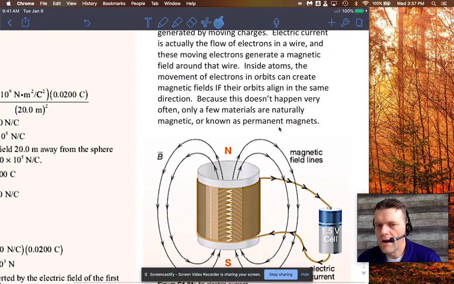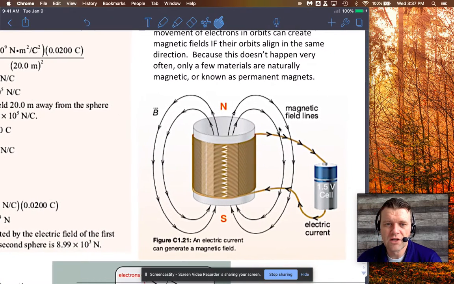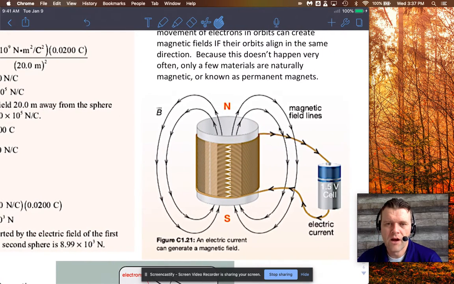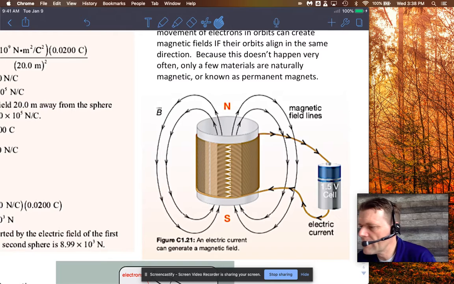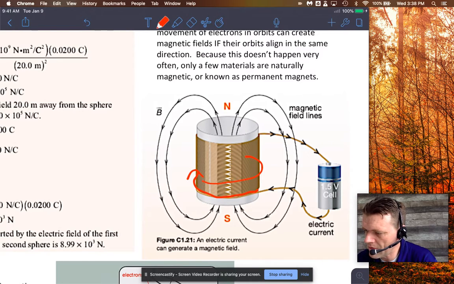So first off, let's just look at this. This is showing the current coming out of a cell here, and it's going through a whole bunch of coils of wire. If you've taken Physics 30, you'll know the rule for this, but you don't need to know what the rule is. You just need to know here that the current is going around and around like this, okay?